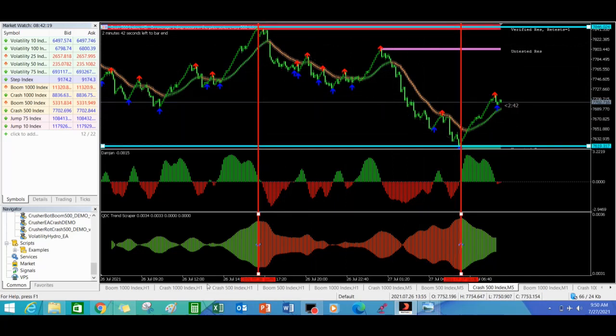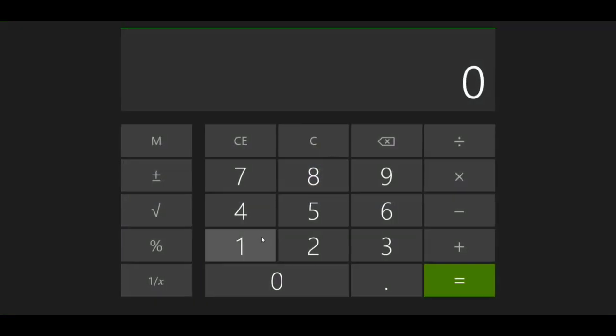This is 154 bars. We can do some calculations right there. 154 bars, and that is 5-minute time frame. That will be 154 times 5 to know the number of minutes spent. That is 770 minutes.